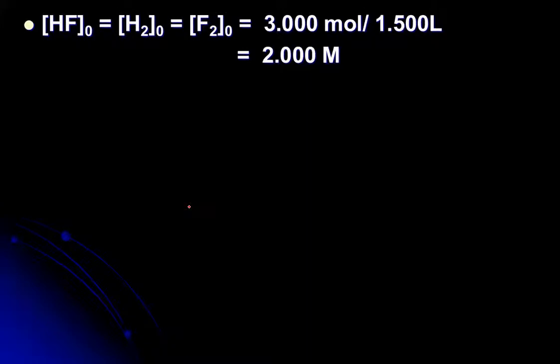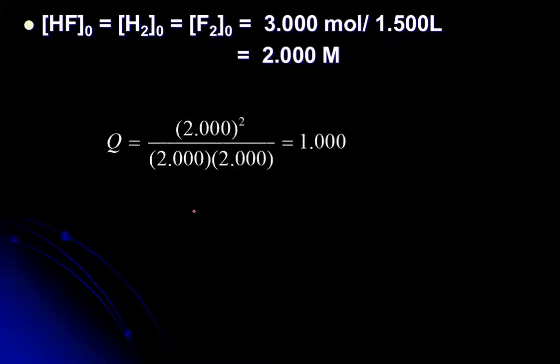We started with 2 molar of all of your species. Let's figure out the direction of shift. We don't have the equilibrium expression written out for us, but I think you have done that enough. You could figure out what that equilibrium expression is. It's in your book on page 627 if you want to look at it. Then we take this value here, which is our initial amount, and plug it into each of those spaces in the equilibrium expression. We find out that Q is 1.